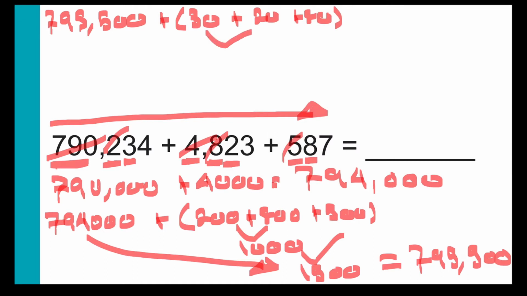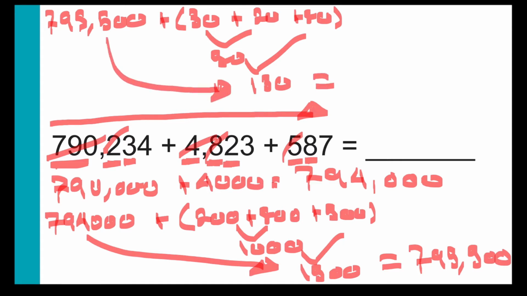So 20 plus 30 equals 50. 50 plus 80 equals 130. So now 795,500 plus 130 equals 795,630.